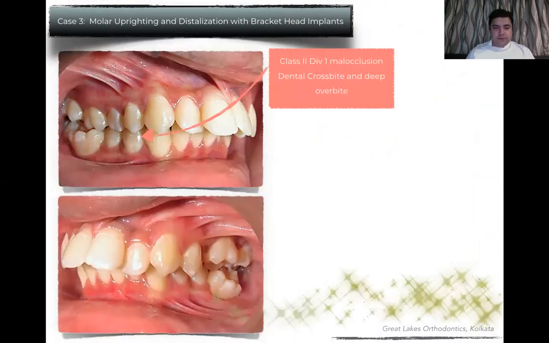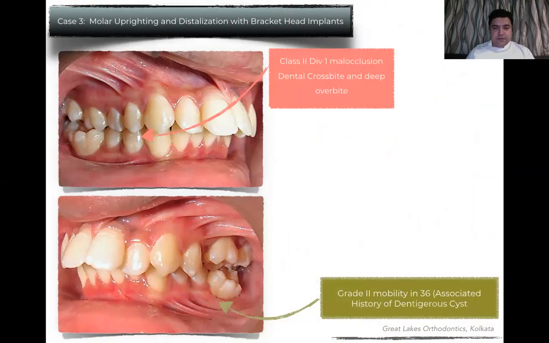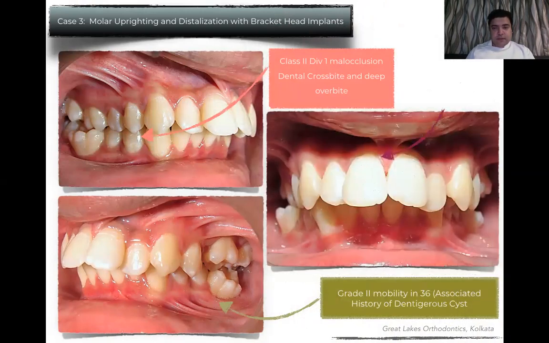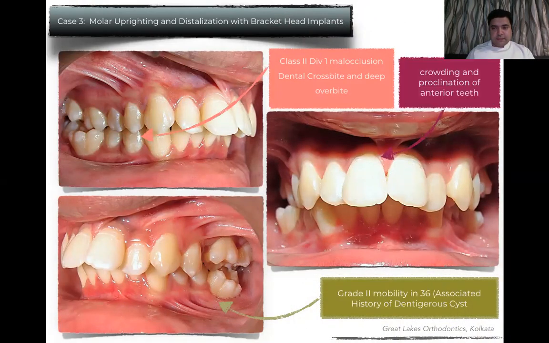If we look at the left-hand side, you would note grade 2 mobility in 3-6 associated with a history of dentigerous cyst. The 3-7 and 3-8, the second and third molars, are missing; mostly they are impacted. In the frontal view, there is crowding and proclination of the upper anterior teeth with an associated deep bite.